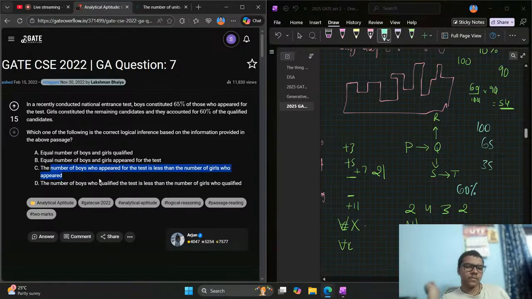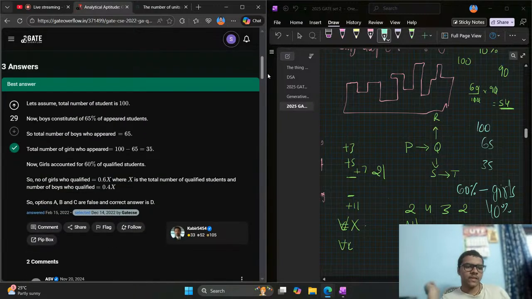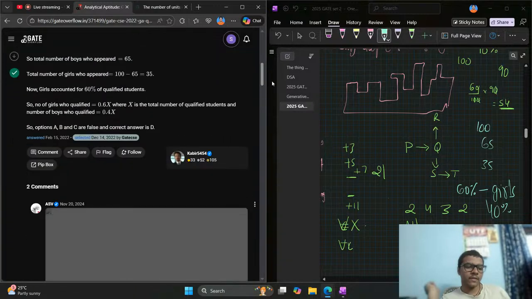Less than, no. The number of boys who qualified in the test is less than the number of girls who qualified. Yeah, because 60% of qualified are girls, so only 40% are boys. D can be stated with certainty.